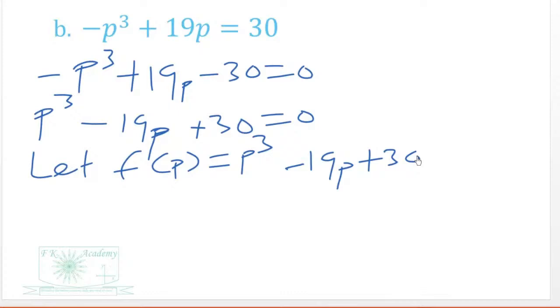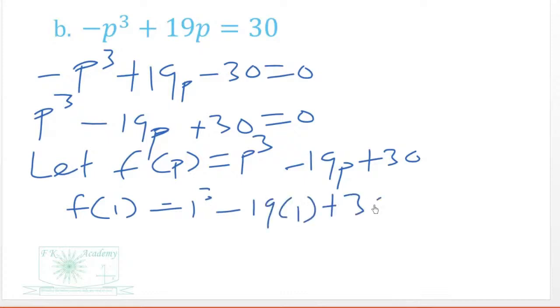Then we can try f of 1, and that will give us 1 cubed minus 19 times 1 plus 30. And this will simplify to 1 minus 19 plus 30, which is negative 18 plus 30, which is 12.